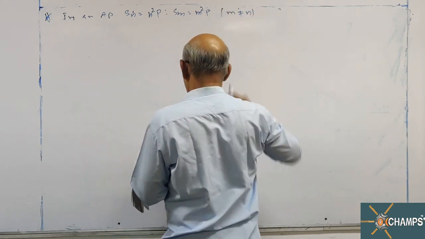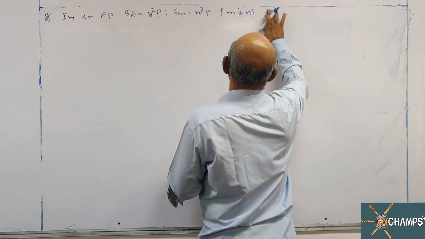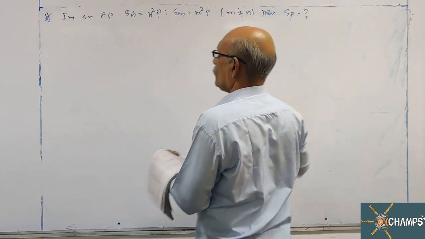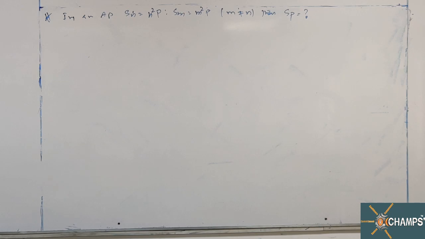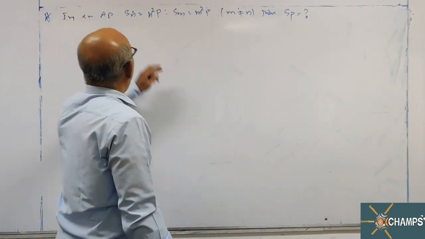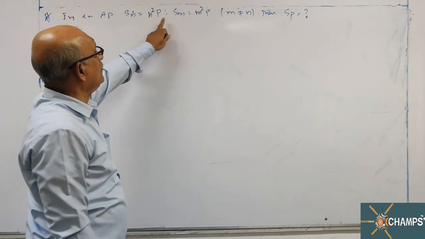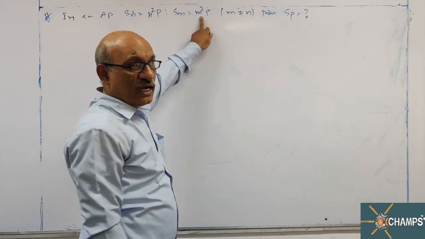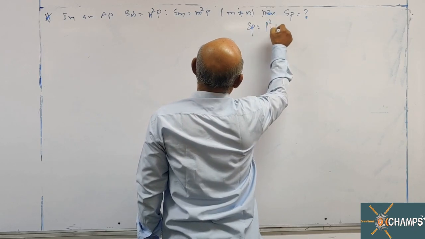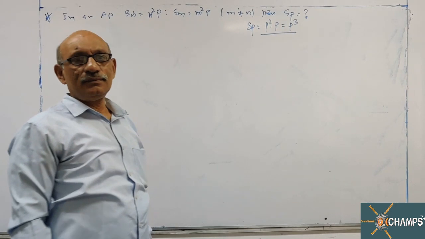M is not equal to n. Then Sp is equal to question mark. Now sir, just observation will give you the answer. If it is Sn, it is written as n square into p. If it is Sm, it is written as m square into p. Similarly, you can write Sp is equal to p square into p cube. This is the answer to the given question.